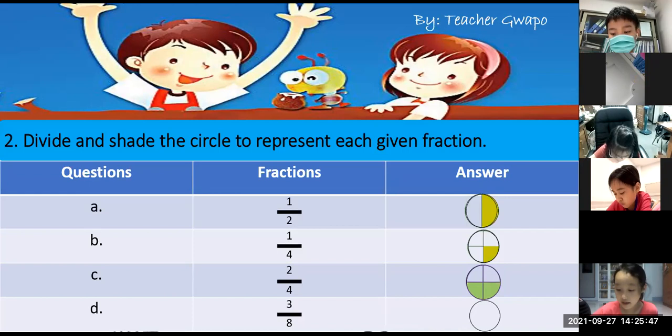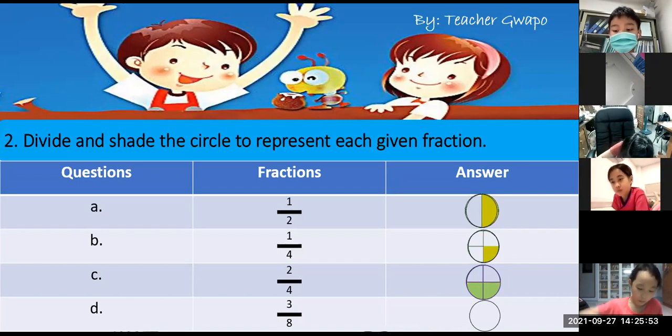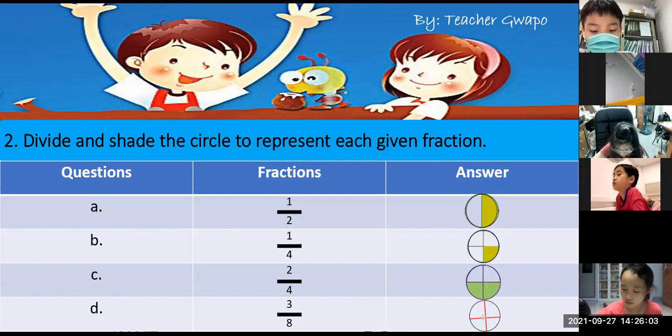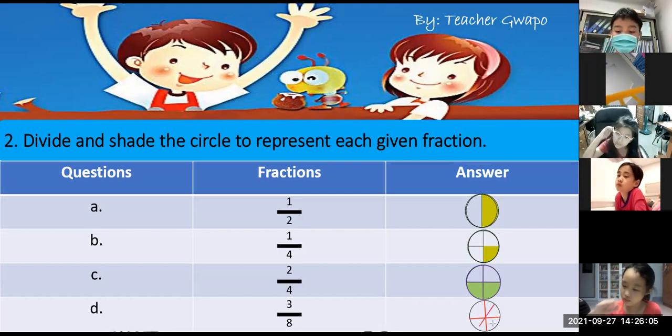So maybe like this: 1, and then another line here, 2, another here, 3, and then 4.